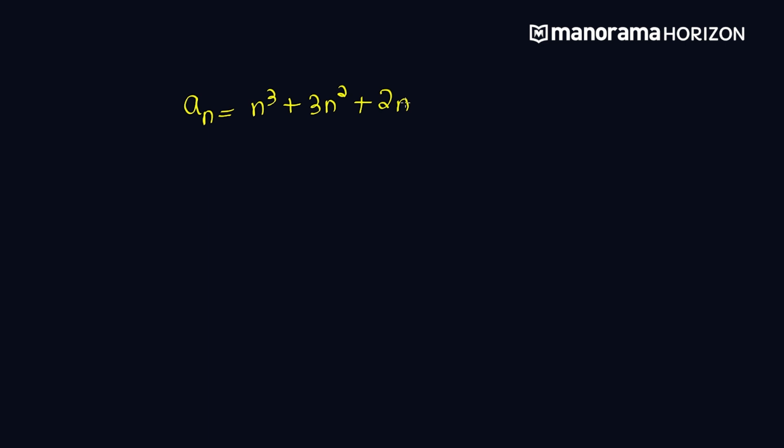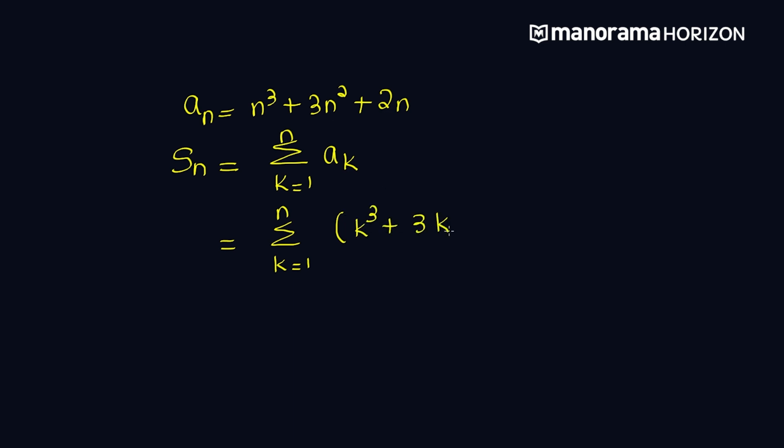Now, our question is to find the sum of the n terms, that means we need to find Sn. Sn is equal to summation k equal to 1 to n of ak. Substituting the value of ak, that is k cube plus 3k square plus 2k, replacing n by k.